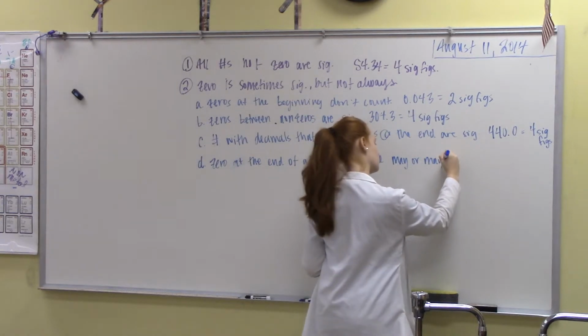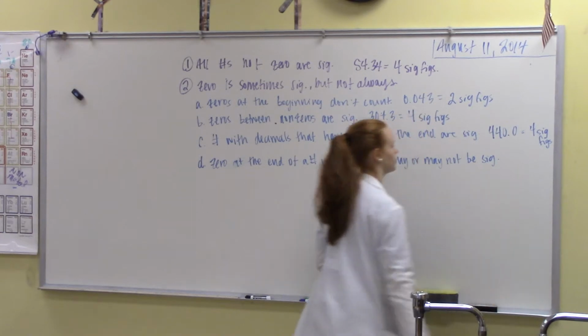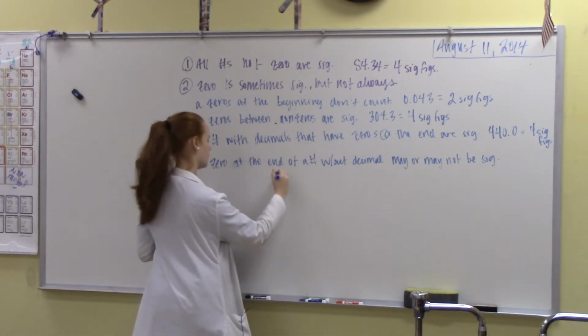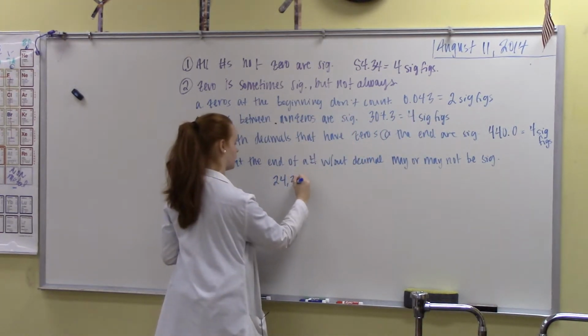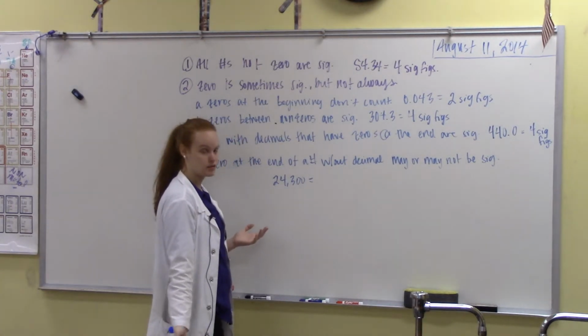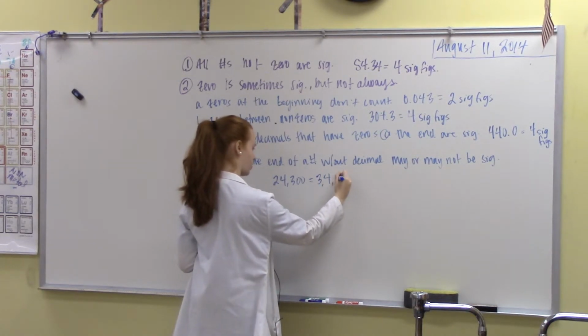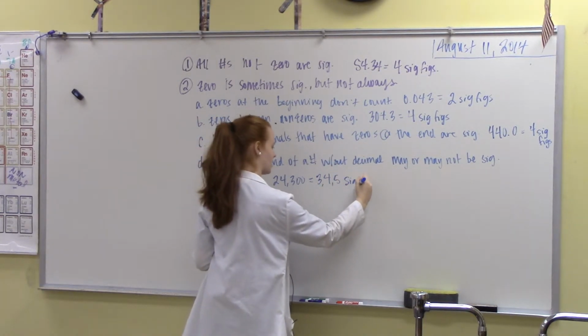An example of this is if I had 24,300. I could have a variety of amounts of Sig Figs. I could have 3, I could have 4, or I could have 5 Sig Figs.